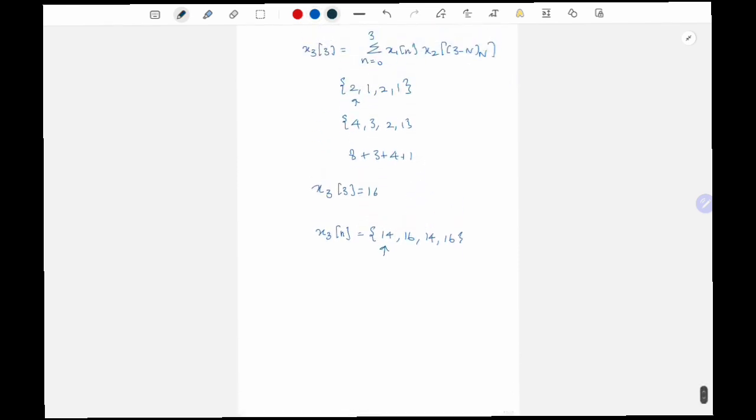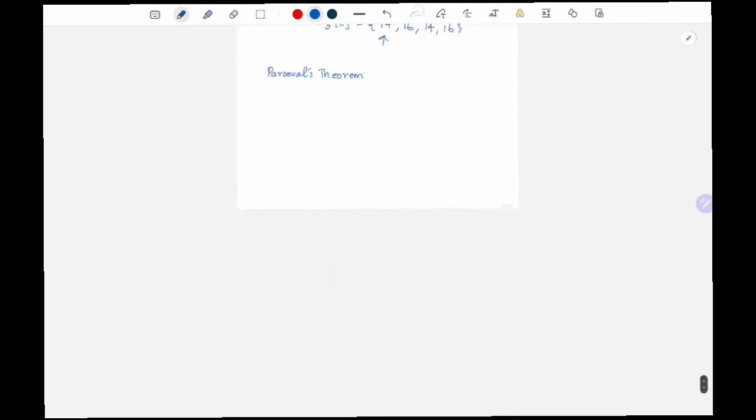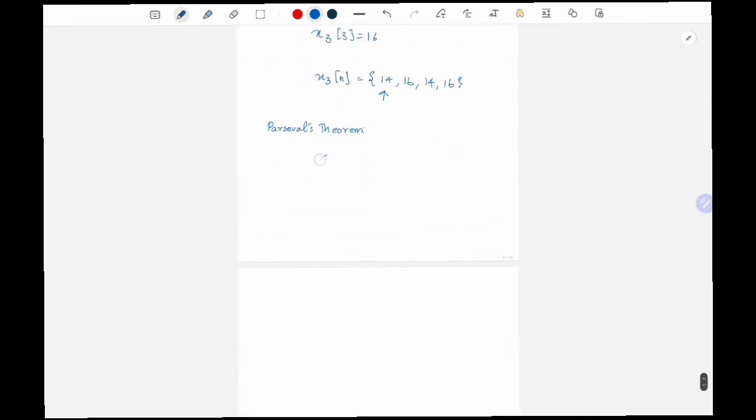So the last property, we'll see Parseval's relation or Parseval's theorem. The more general theorem is like this. Summation n equal to 0 to n minus 1, x of n and y conjugate of n is equal to 1 by n summation k equal to 0 to n minus 1, X of k into Y conjugate of k.